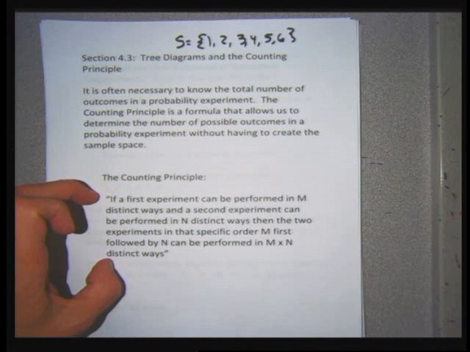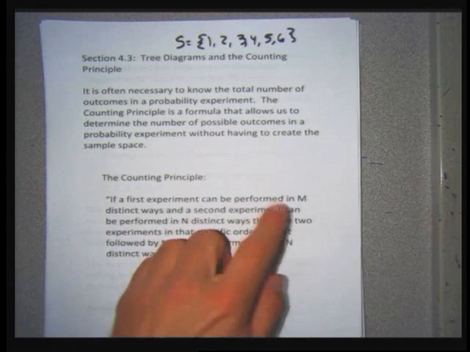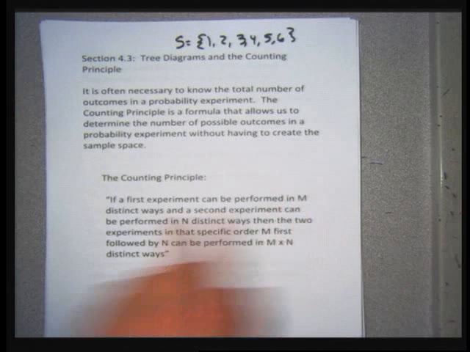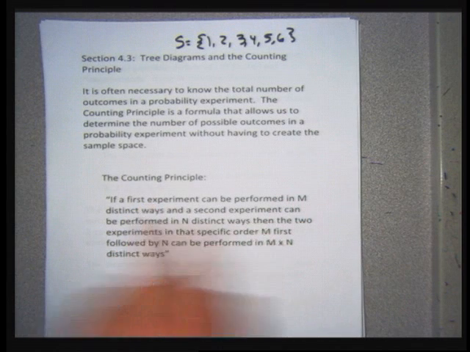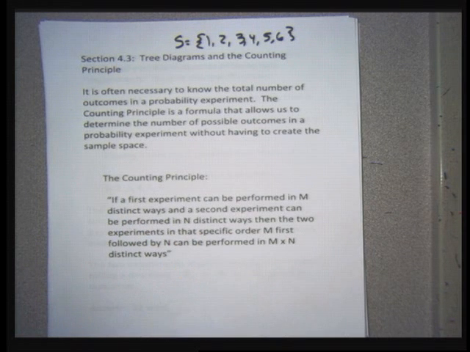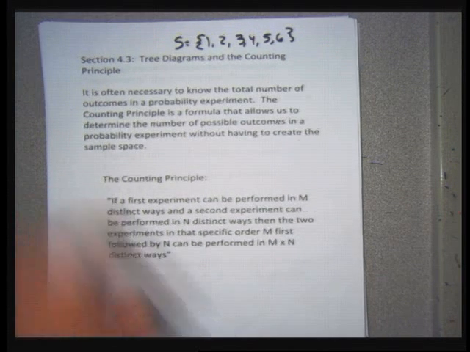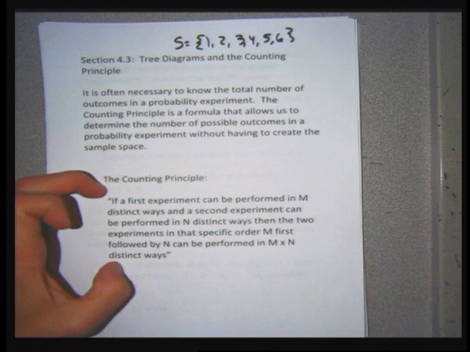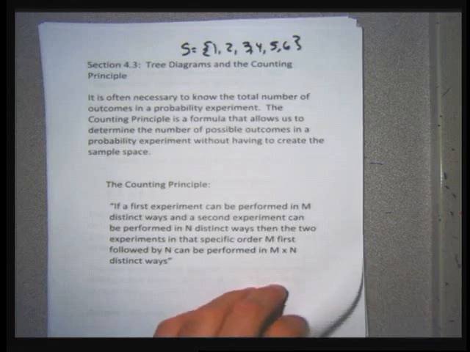If the first experiment has M ways it can be done, the second experiment has N ways it can be done, then the first experiment followed by the second experiment has M times N ways that it can be done. That was a really butchered explanation of the counting principle, but I'll leave it be and get into the problems and then try to explain how we're going to apply this theorem in the applications of problems.